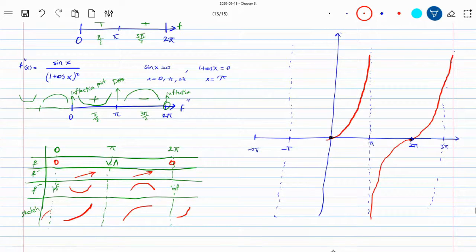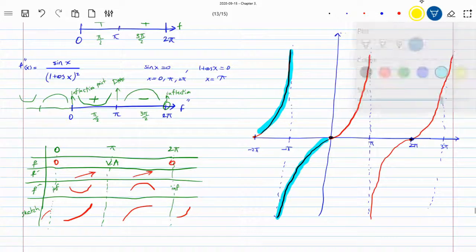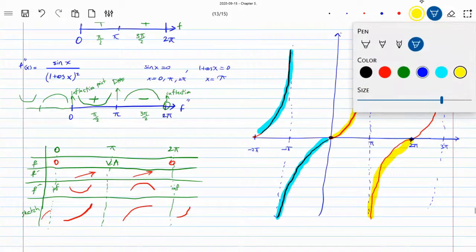Now if you draw this over and over, you see the same curve. Just regraphing it. Look at this section of the graph, from negative 2 pi to 0. Compare it with this section. It should be exactly the same graph. And if you continue, maybe I should pick a different color.